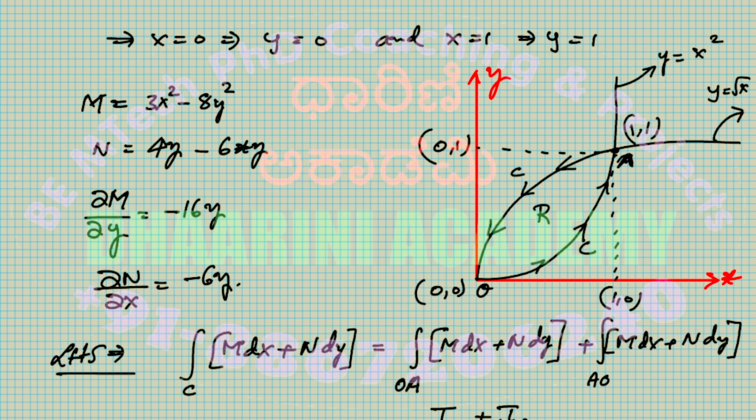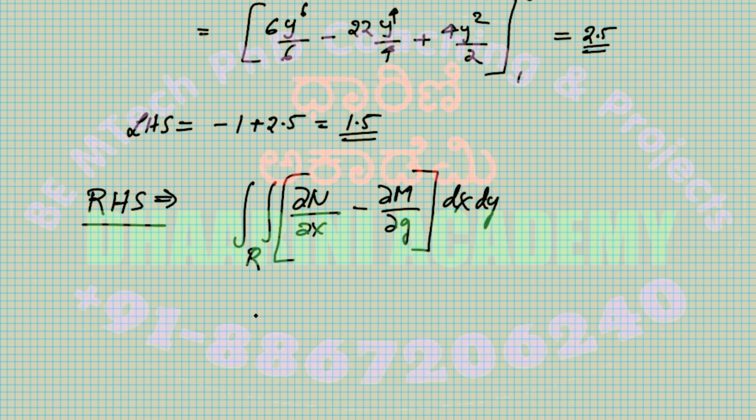So that means, can I write like this? This is equal to double integral where the first one is x varying from 0 to 1. During this, right, y varies from the lower graph to the upper graph, correct? What's the lower graph? Lower graph is y equal to x square. Upper graph is y equal to root x.